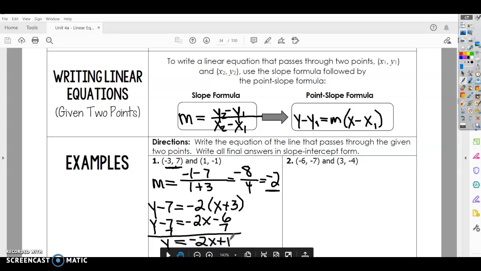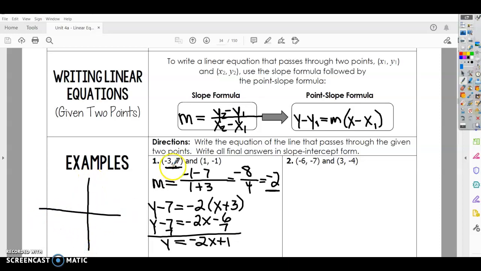Now if you go back and you want to graph this again, you can graph this using your 2 points. You could go negative or left 3 up 7, and you could go plus 1 down 1 and graph those points. Or you can also graph using your slope and y-intercept now that you have written it in slope-intercept form. So if I graph, my y-intercept is at 1.